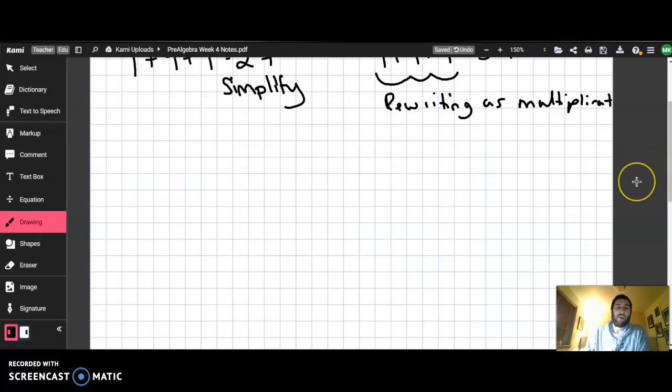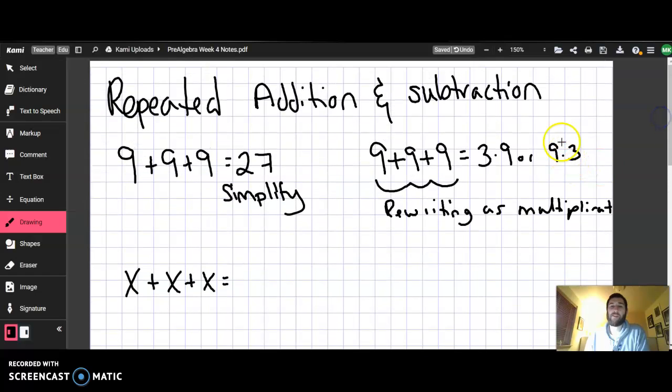Let's go ahead and apply it to x plus x plus x. Here, we can't simplify it to a single number, and we would not call it rewriting as multiplication. So up here with the 9s, I had to specify, because 3 times 9 is simpler, but it is not simplified completely.